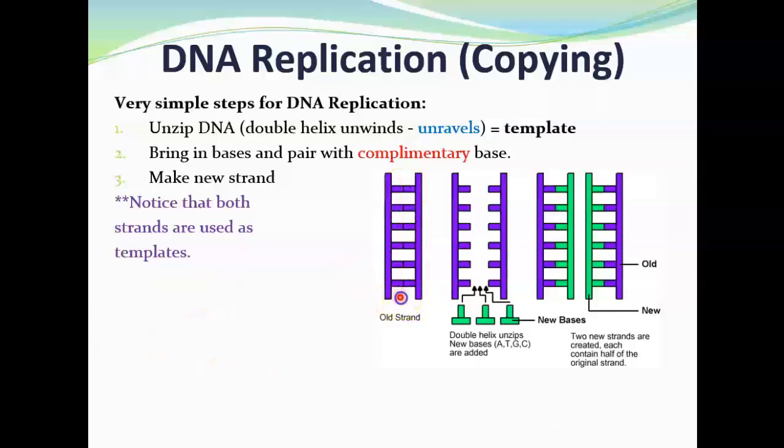You have to be able to open this zipper to expose the teeth that are the flags or the nitrogen bases in order to match new nitrogen bases to them. If you brought nitrogen bases in here to try and match them, these are happy already. They're already bonded. They don't need to form a new attraction.